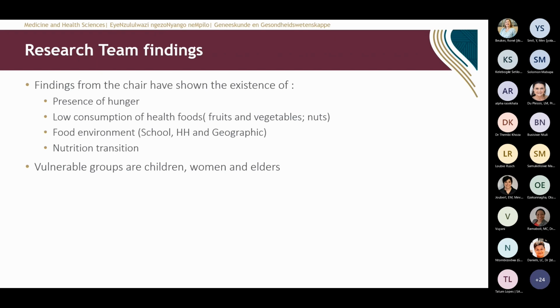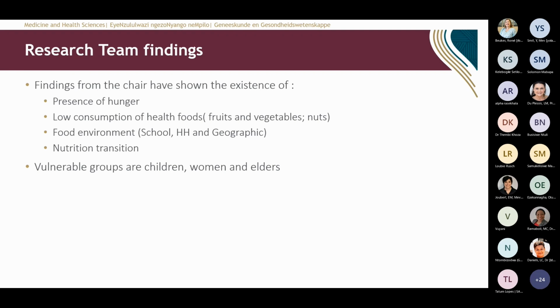There's low consumption of healthy foods, because the aim of sustainable food production is not just to have food for the sake of feeding your system, but to fight the triple burden by producing more healthy foods. But in these communities, we saw that they consume less nutritious food, fruits, vegetables and nuts. It's more about meat and all those things.